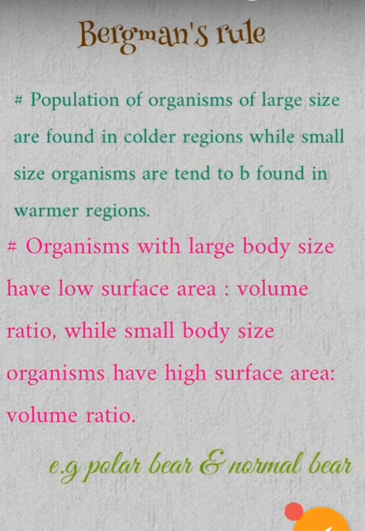If we see the organisms that live in warm climatic conditions, their body size is small, and their surface area to volume ratio will be high. So this high surface area to volume ratio leads to the loss of heat. This loss of heat from the body makes them able to survive in the warm climatic conditions. So this is the main fact behind Bergmann's rule.